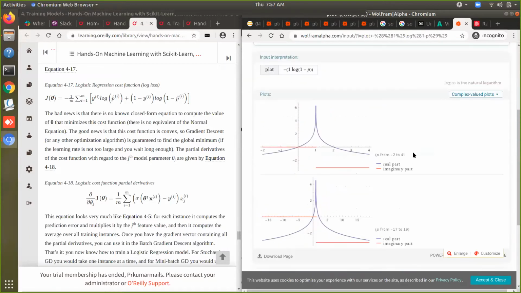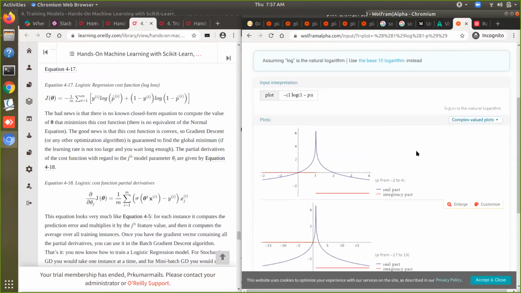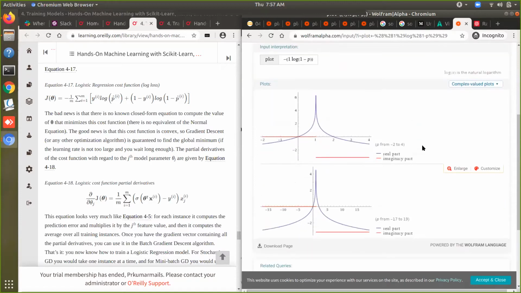Let's see what happened. Oh, it's minus 1 log 1 minus p. What happened? P has to be between 0 and 1. Why is there a real part and an imaginary part? That's what I don't get.